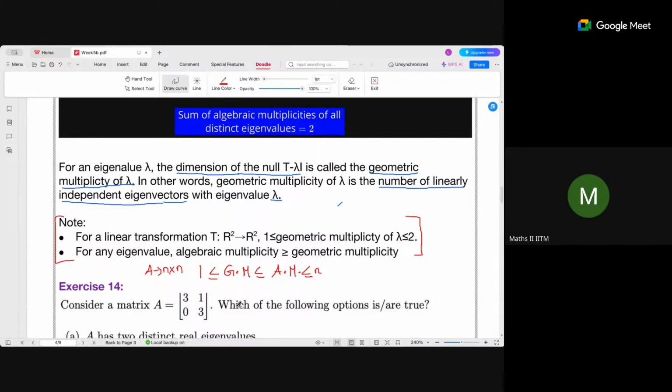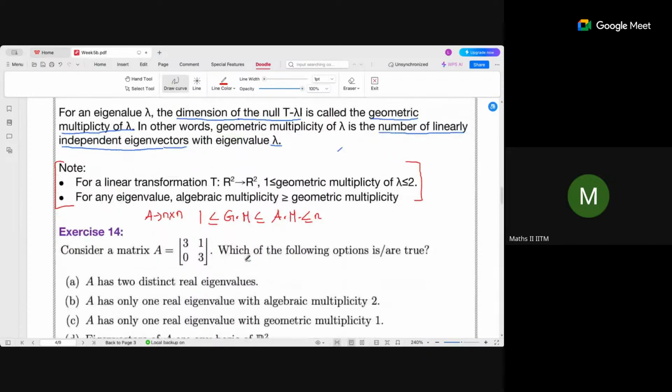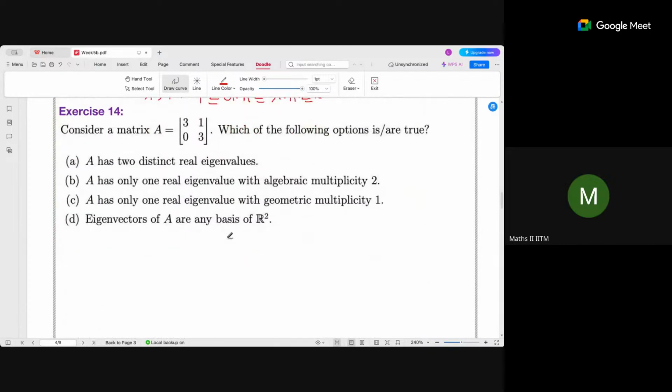Okay, now based on the information we have, can you try to answer this question? Go through it carefully. To answer about geometric multiplicity, you need to calculate the number of linearly independent eigenvectors. So it means you need to calculate the eigenvectors for this matrix.